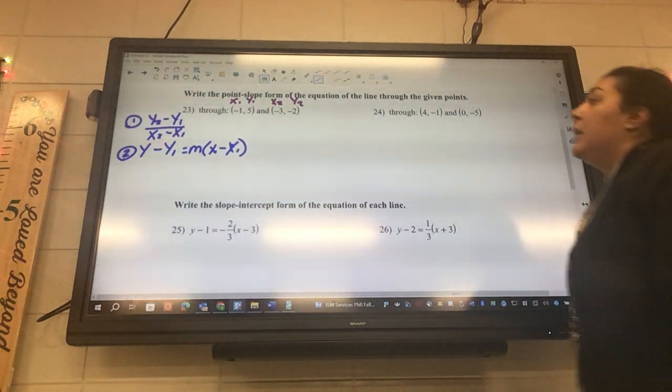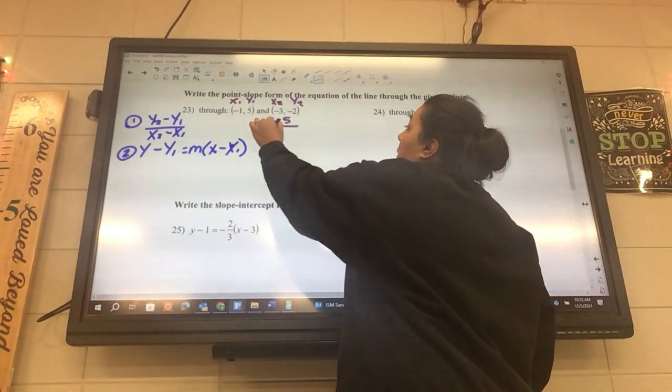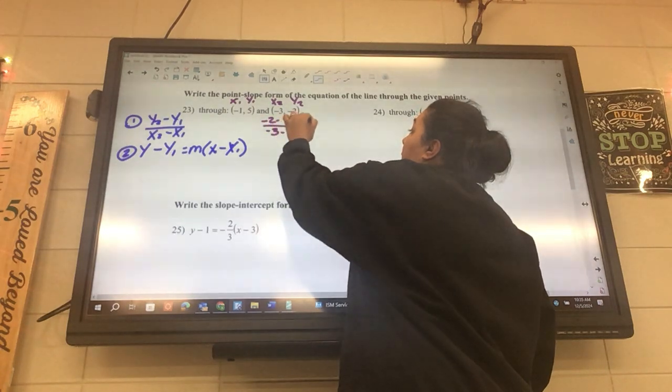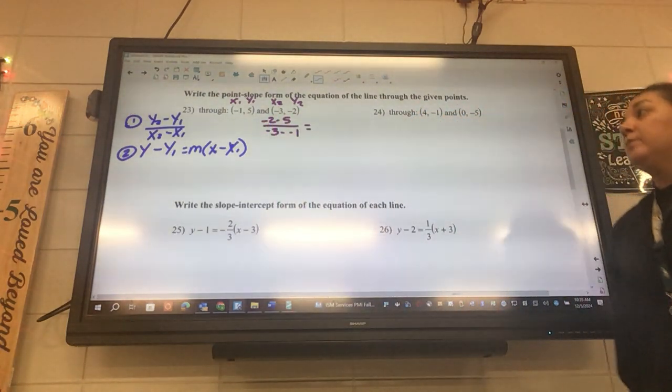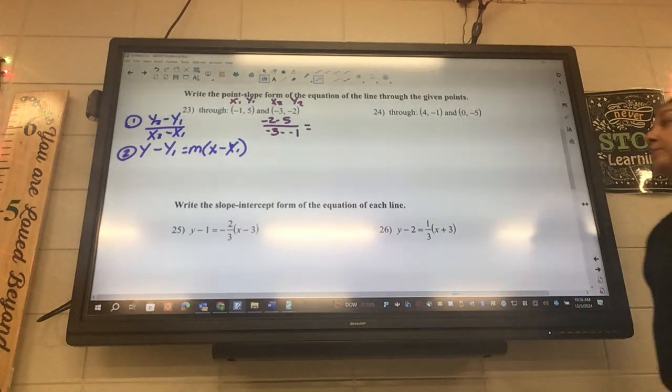Okay, so it's gonna look like negative 2 minus 5 over negative 3 minus negative 1. Okay, type that in your calculator, see what you get. Seven over two. 7 over 2.